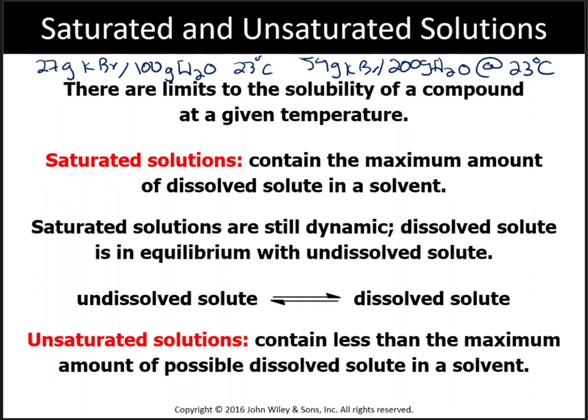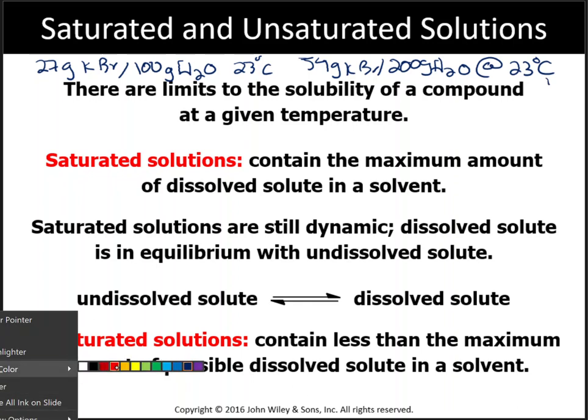Yes, 54 grams of potassium bromide in 200 grams of water represents the maximum amount of potassium bromide that can be dissolved in 200 grams of water. So this represents a saturated solution.